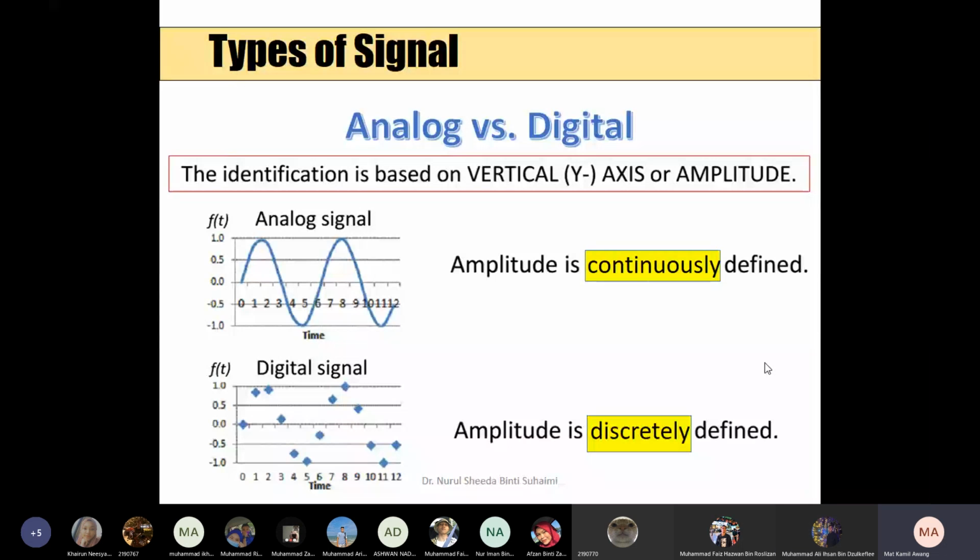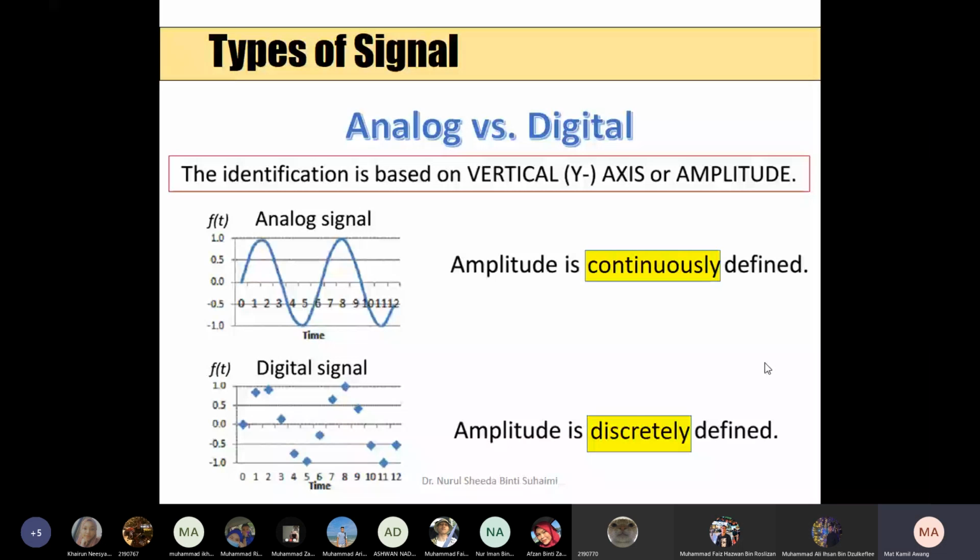For example, if you look at the graph, f of t, the analog signal is basically a continuous waveform, right? So at every point on the time scale, you have value. For example, in that scale we have 0, 1, 2, 3, 4 until 12. So at 0.5 also you still have value. At 0.1 also you have value. So that is continuous.